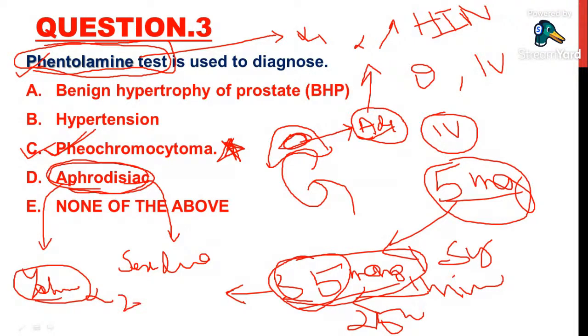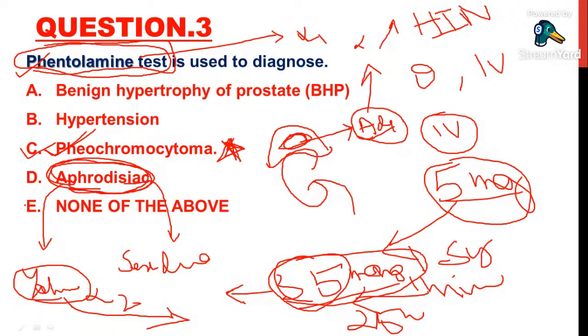When yohimbine is given, some people believe that yohimbine will cause aphrodisiac effects. It will increase sex perception, or sex intensity, sex drive will increase. Like that, many people believe that yohimbine has aphrodisiac activity. So aphrodisiac has nothing to do with the phentolamine test.